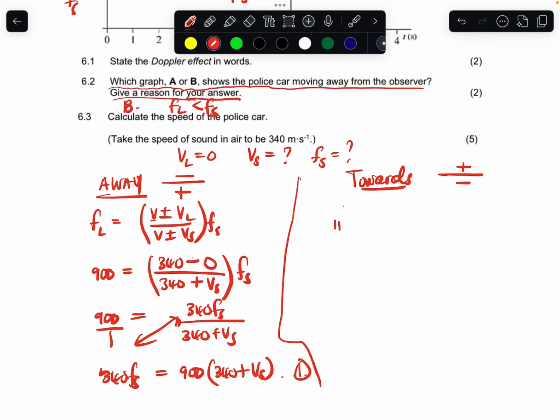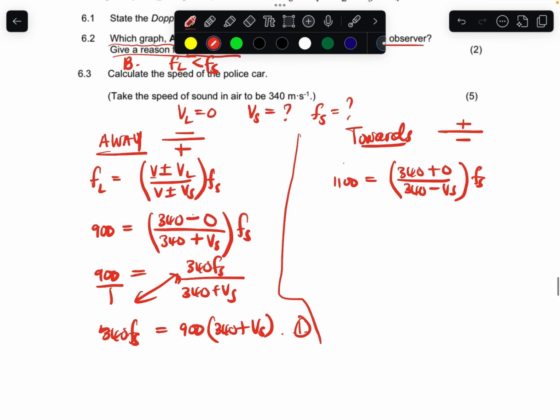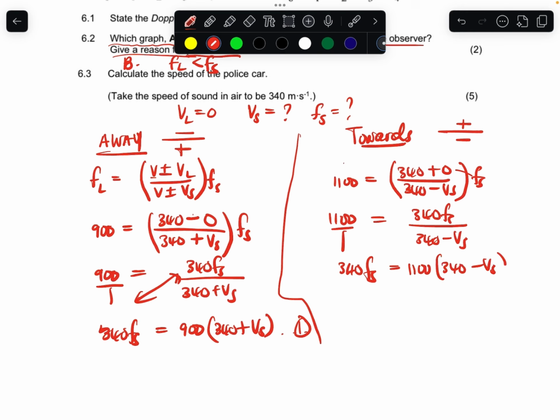So it's going to be 1100 equal to 340 plus 0 over 340 minus V_S, times the frequency of the source, which we do not have again. So it's 340 f_s divided by 340 minus V_S, equal to 1100. Then we cross multiply, and we have 340 f_s equal to 1100 times (340 minus V_S). This is your equation 2, right?